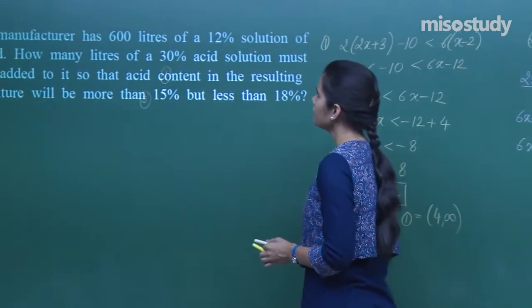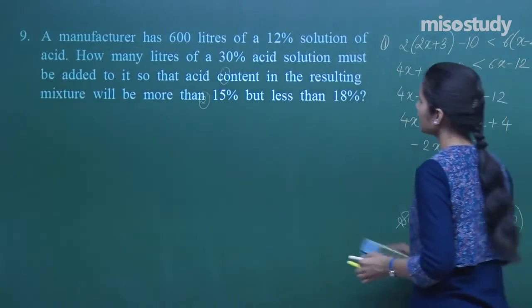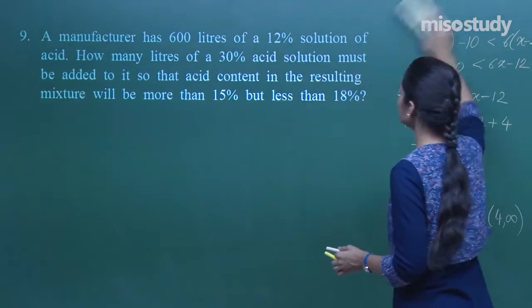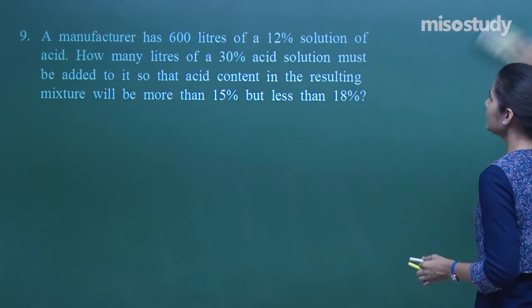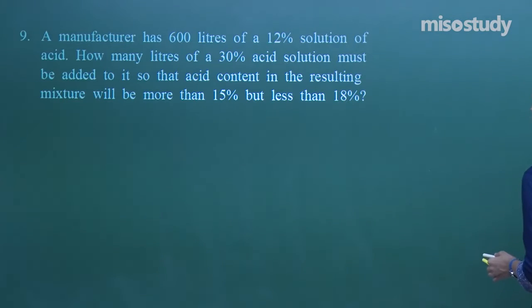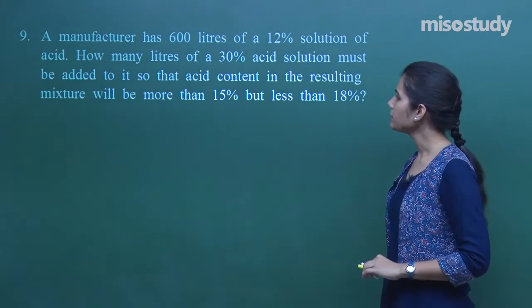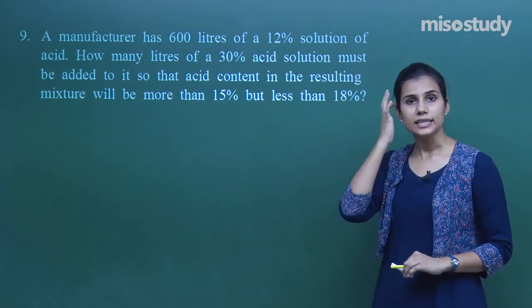Moving to the next, we have: a manufacturer has 600 liters of a 12% solution of acid. How many liters of a 30% acid solution must be added to it so that the acid content in the resulting mixture will be more than 15% but less than 18%?